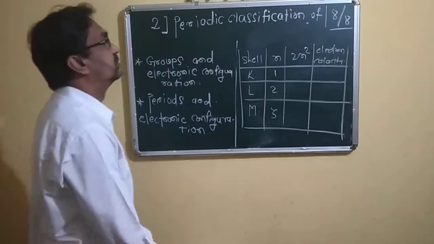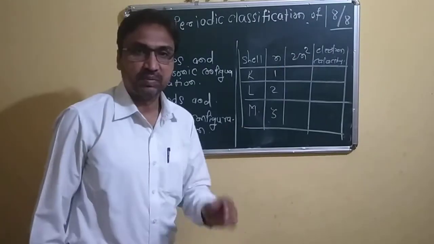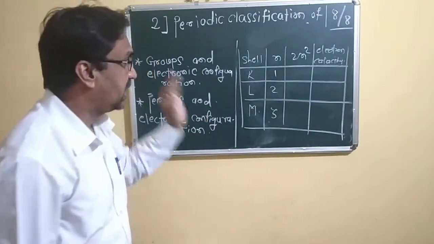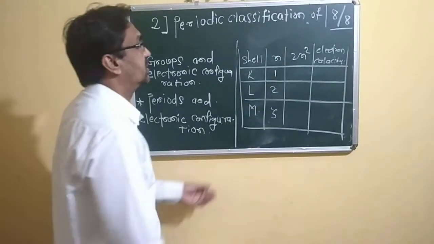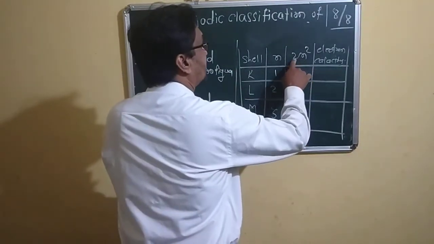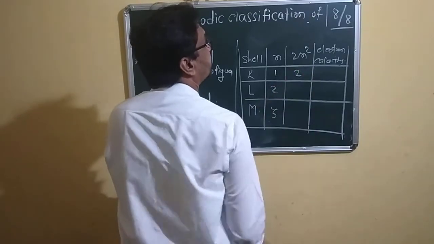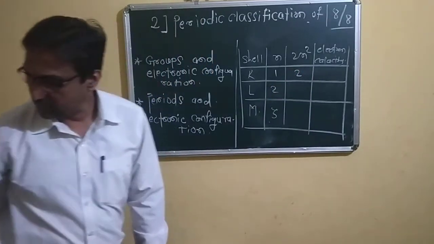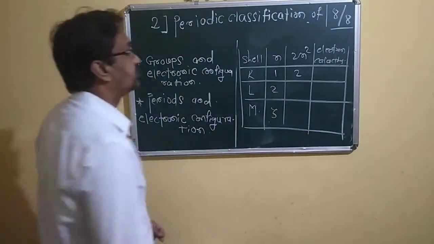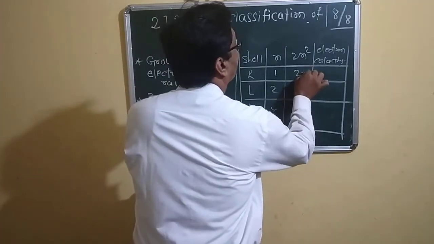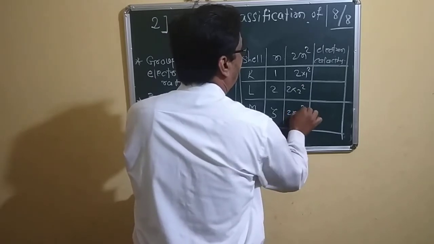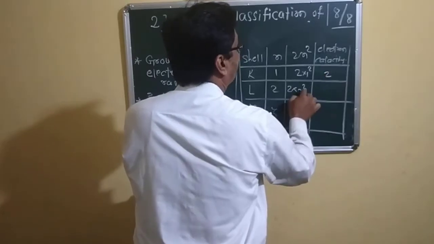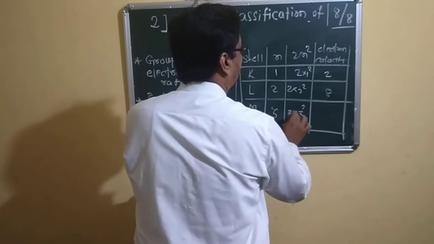Okay. Here N is the shell number, and the maximum number of electrons present in that shell is 2n square. That is 2 into 1 square, 2 into 1, 2. Then 2 into 2 square, 2 into 3 square, that is 2, 4 into 2, 8, 9 into 2, 18.